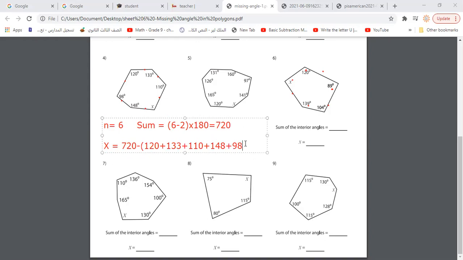Yes. Then we will close and then we will find the final answer. It will be how many?